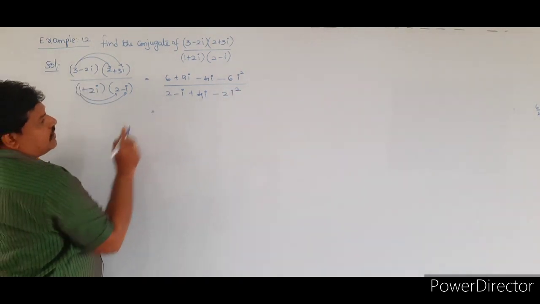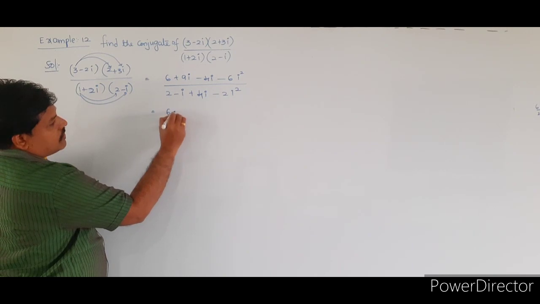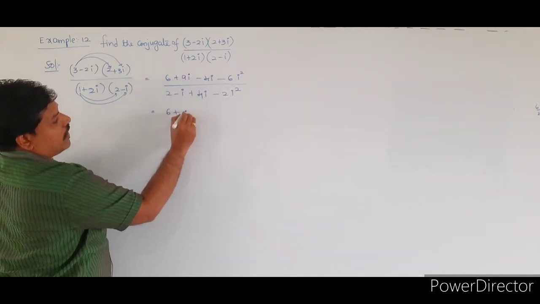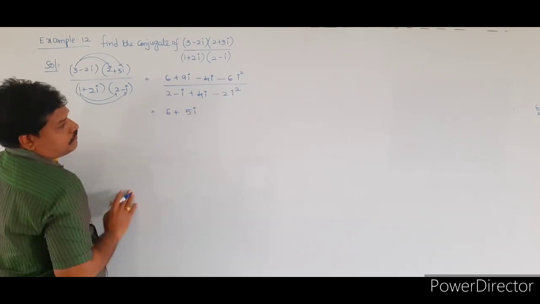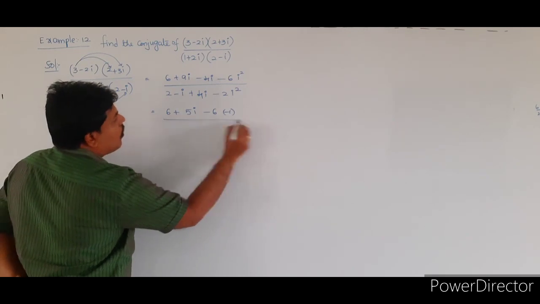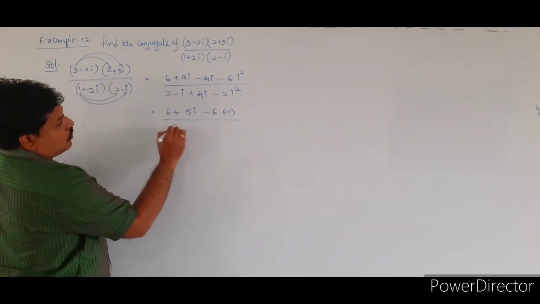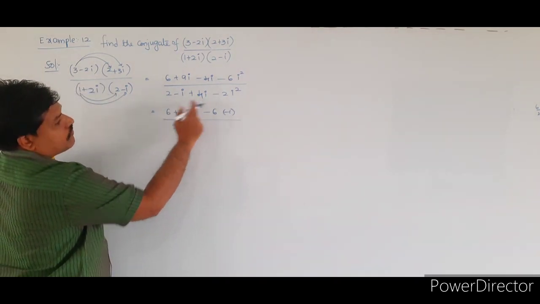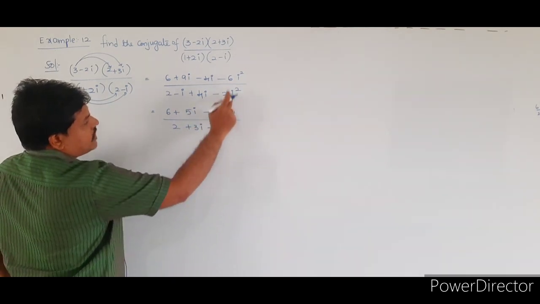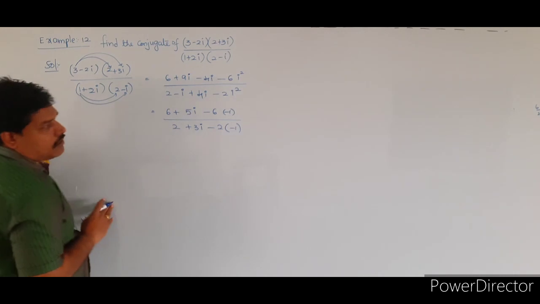So what happens here? 6 plus 9i minus 4i becomes 5i, minus 6, i square value is minus 1, whole by 2 minus i plus 4i becomes 3i, minus 2, i square value is minus 1.